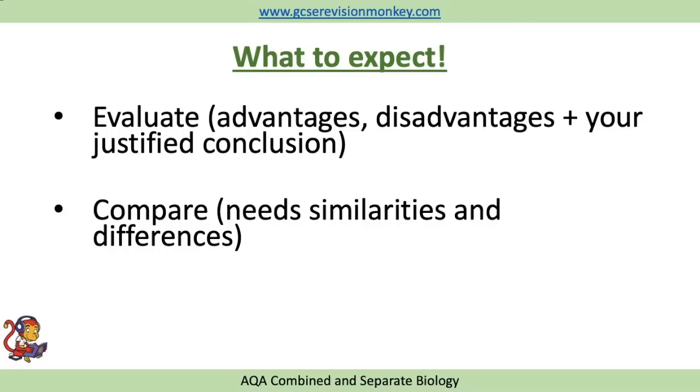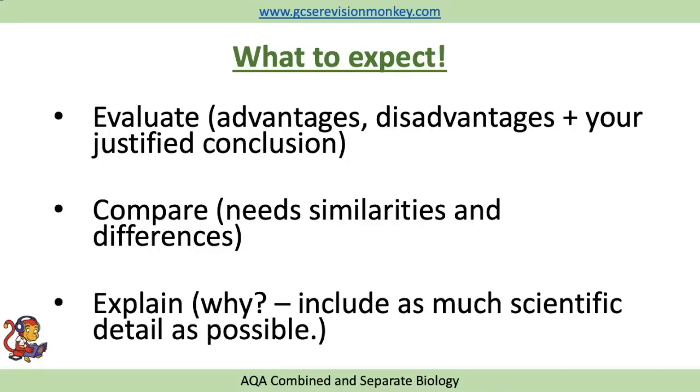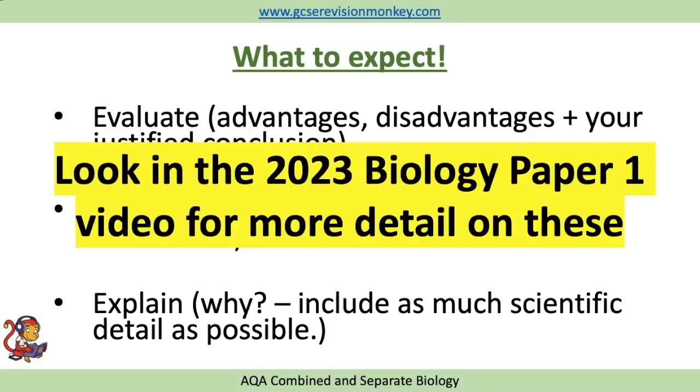Compare questions, again, they won't tell you, but when you answer compare questions, you need to write similarities as well as differences in your answer. And explain questions, you must say why something is happening, so include as much scientific detail as possible. I do go into a bit more detail in these in the first biology video, so feel free to look back there if you want to look at evaluate, compare and explain in more detail.